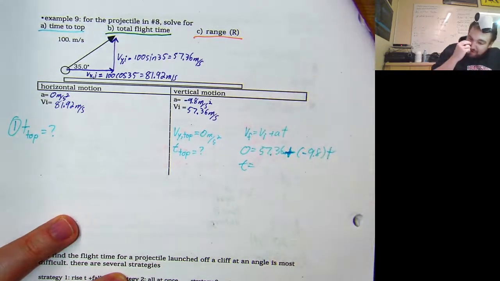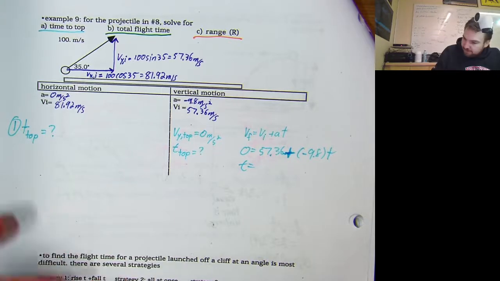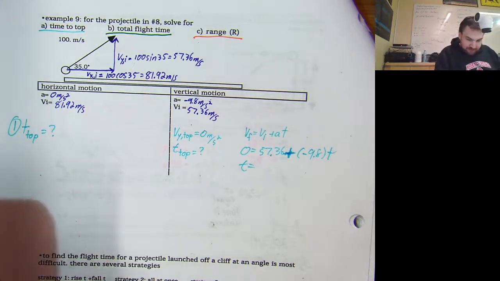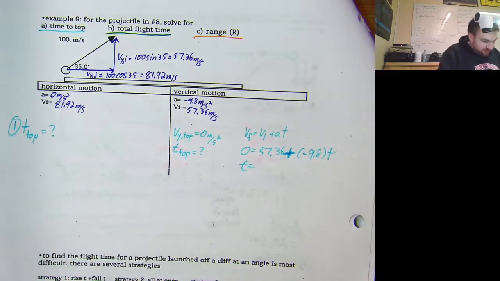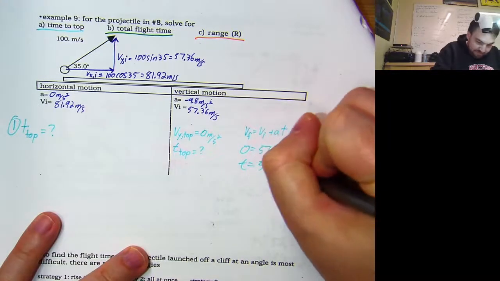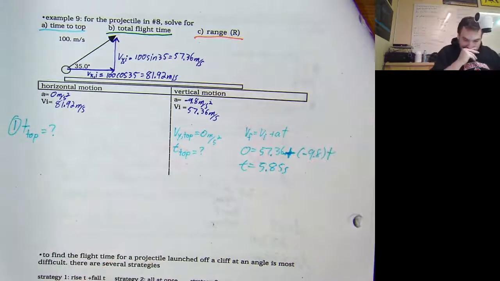So you can verify that the time to the top, 57.36 divided by 9.8, is 5.85 seconds.